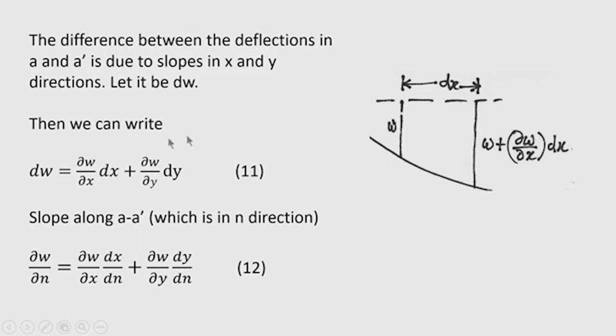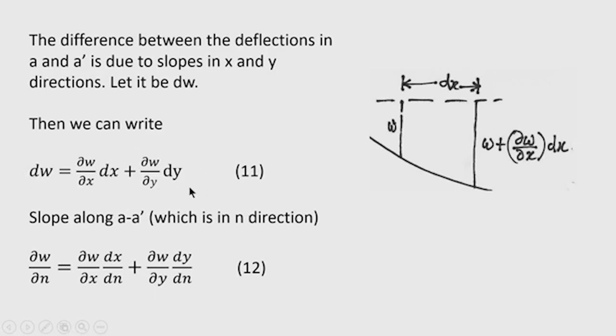So, we can now write the difference of deflection at a point, which is due to the contribution of slope in both directions. Here I have shown the deflected line only in the x direction, but there is also a deflected line in the y direction. So, considering the slope in both directions, we can write the change in deflection dw as ∂w/∂x into dx plus ∂w/∂y into dy.